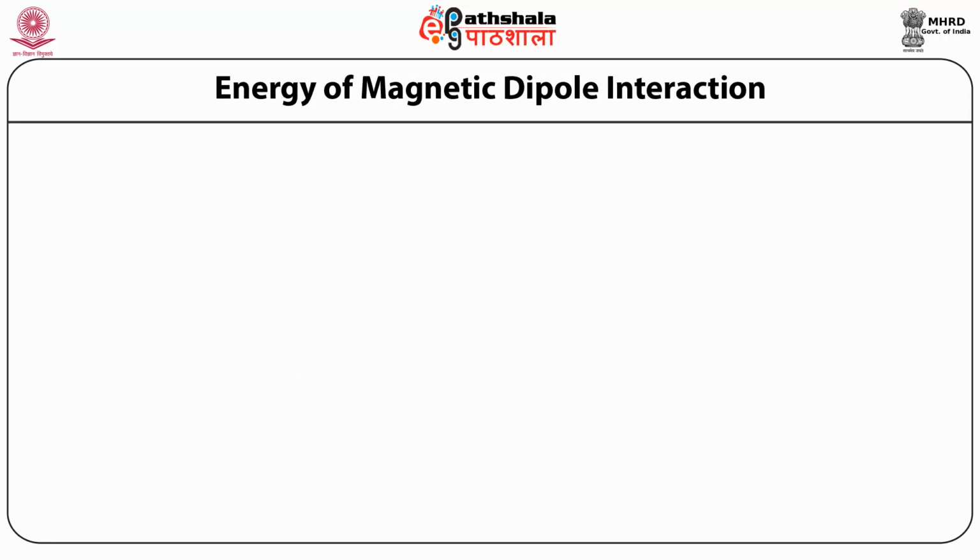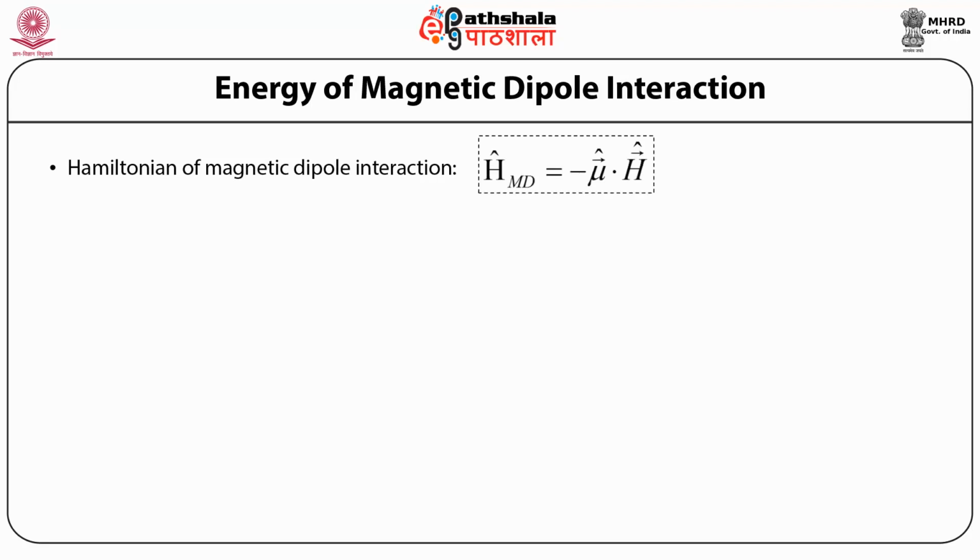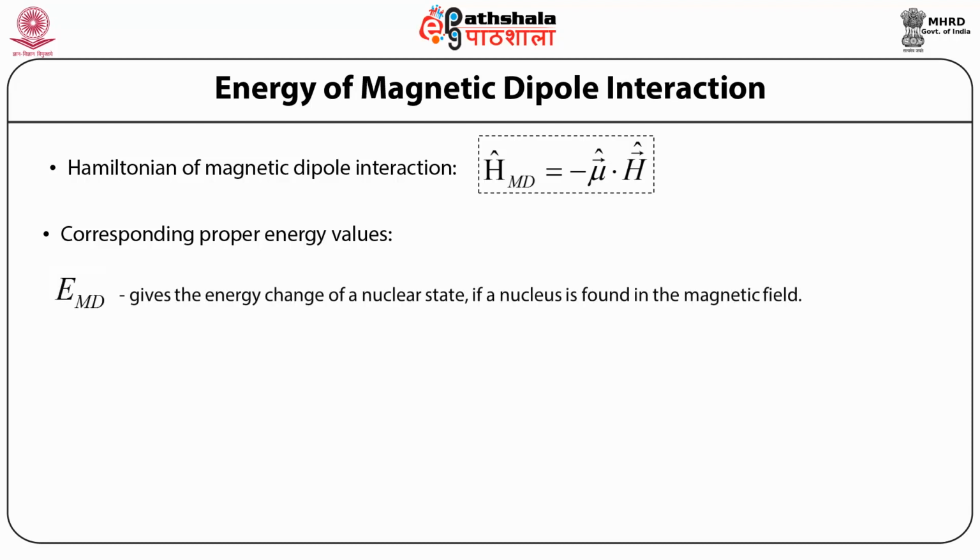The energy of magnetic dipole interaction, the Hamiltonian of this magnetic dipole interaction, is given by minus mu dot H, with the proper energy value given as a function of spin and magnetic quantum number, which is minus mu H m_I over I, where E_MD gives the energy change of the nuclear state when the nucleus is found in the magnetic field.